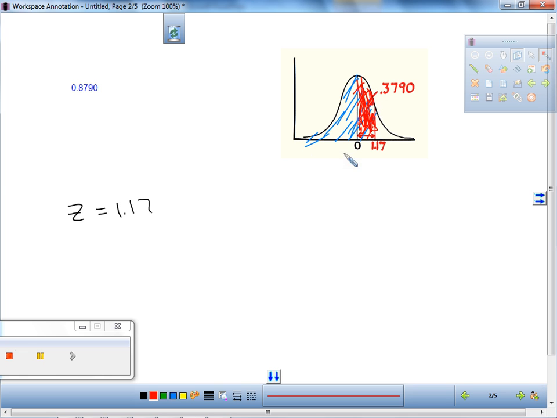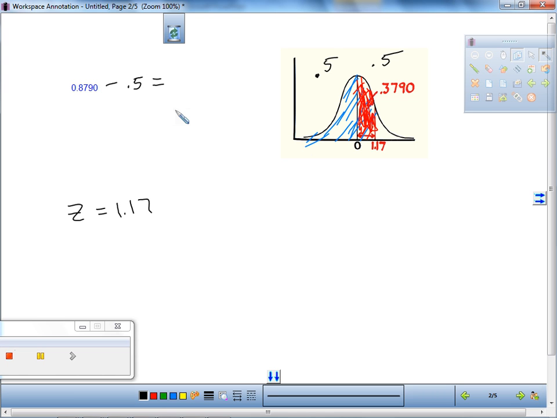So to find that, we know that for our curve, half of it is on the right side and half of it's on the left. So 0.5 of it's from the mean to the left and 0.5 is from the mean to the right. So to figure out this area, we'll take that 0.8790 and subtract 0.5 from it.